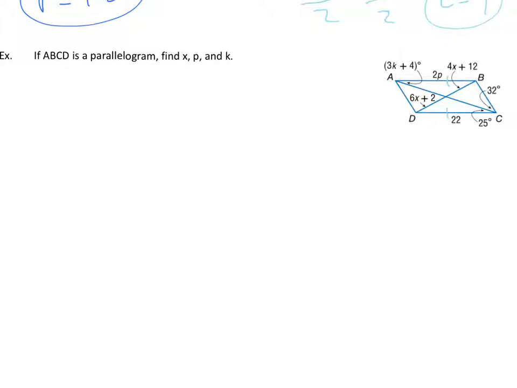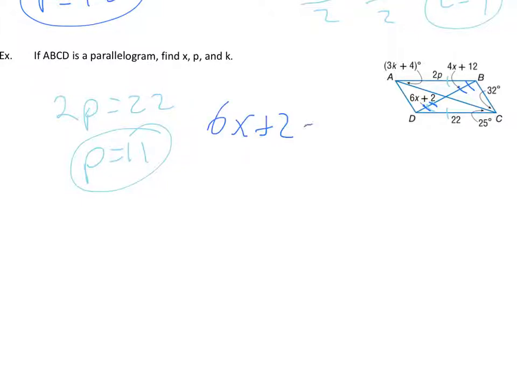Opposite sides are congruent, so 2p equals 22. P equals 11. We have this segment equal to this segment. Diagonals bisect each other, so 6x plus 2 is equal to 4x plus 12. Subtract 4x, we get 2x.